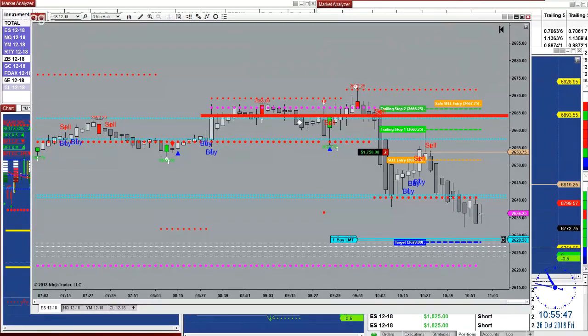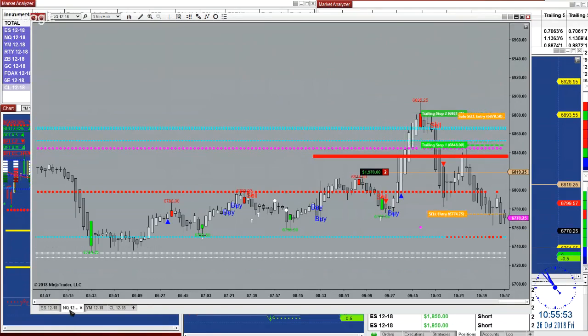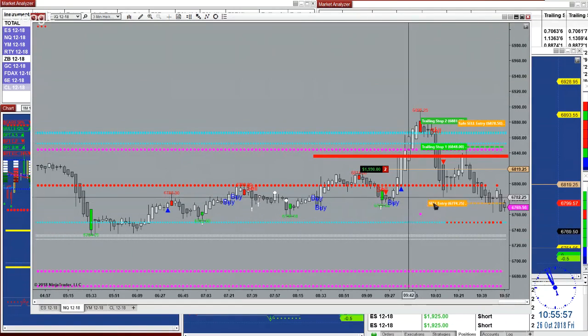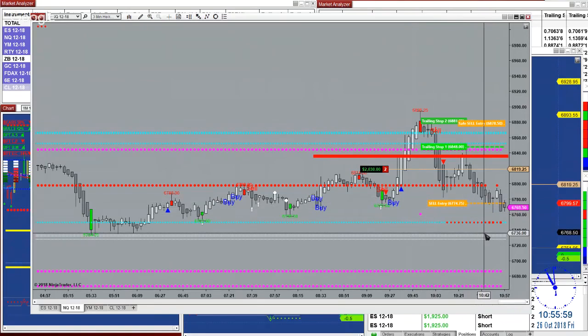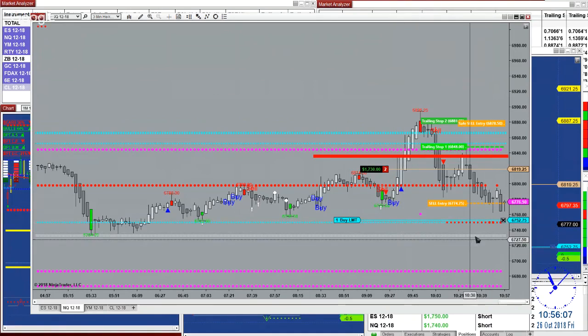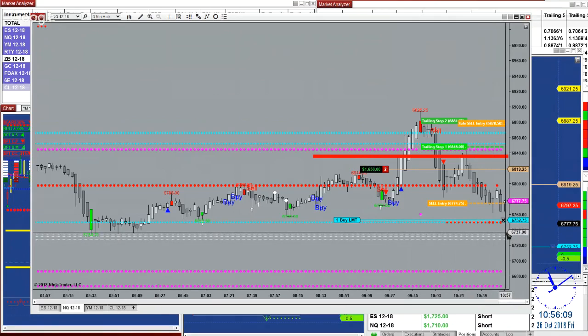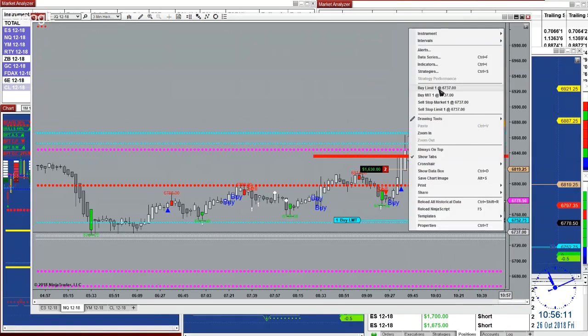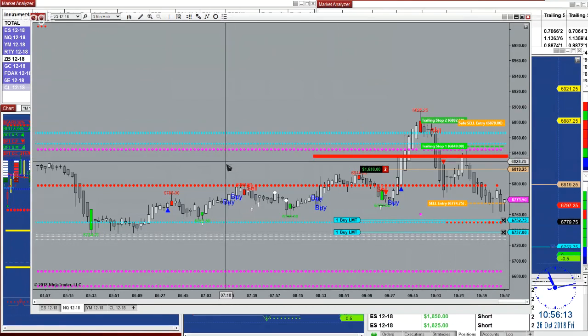So let's look on the Nasdaq, there is a major support area in here. You put one here and one here. We have two areas on the YM.